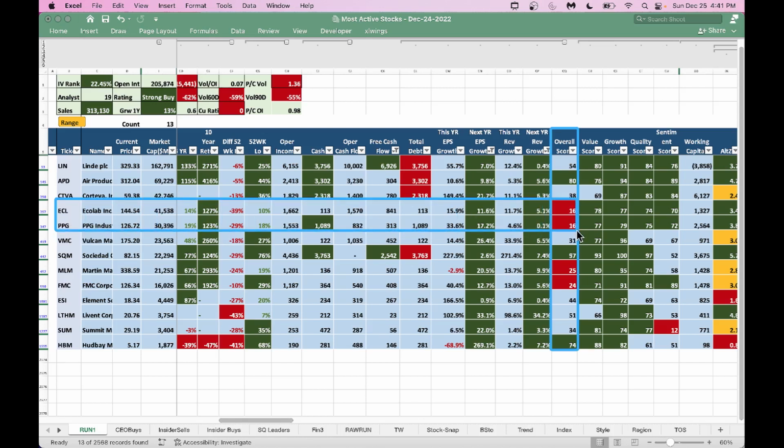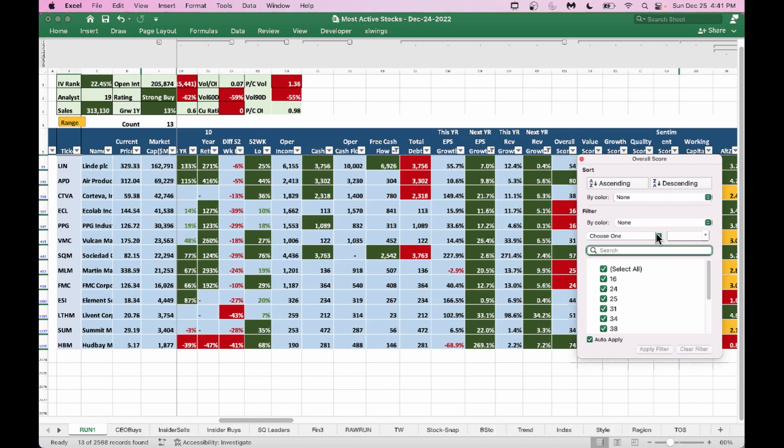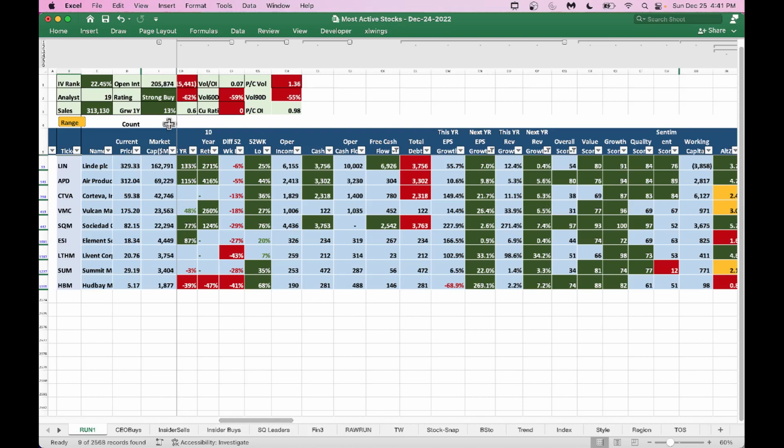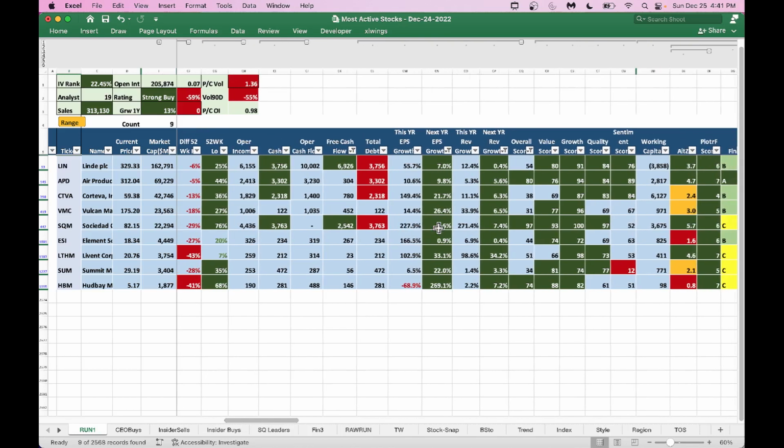I would want the overall score to be at least above 30 or so, so that way I get some good stocks here. So I would say overall score more than 30 here. All right, so now we are down to just 9 stocks in the basic materials here. We're off to a great start.